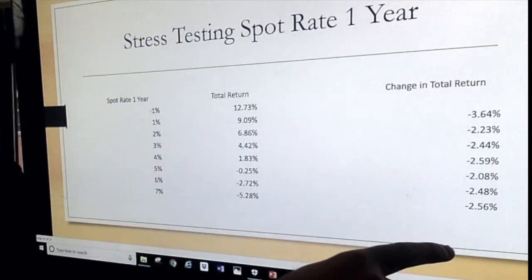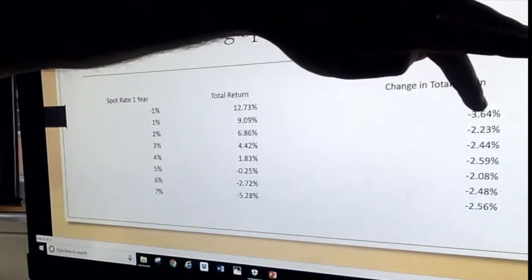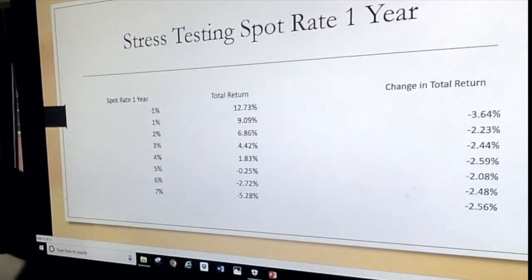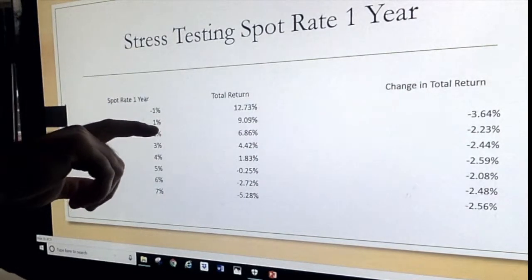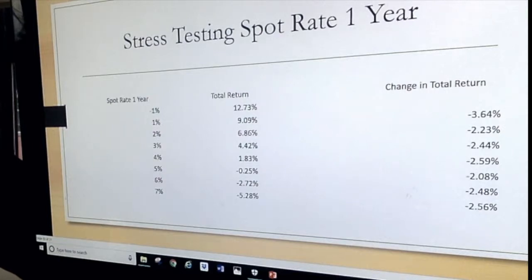And I calculated the change in returns to have a better understanding of convexity and duration. So the duration is higher in the transition period from negative to positive. It's 3.6%.